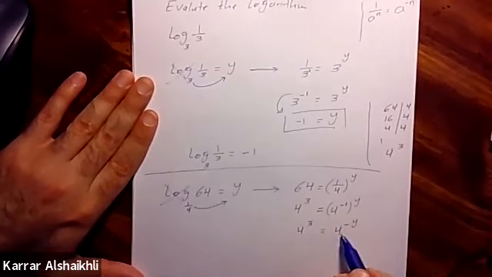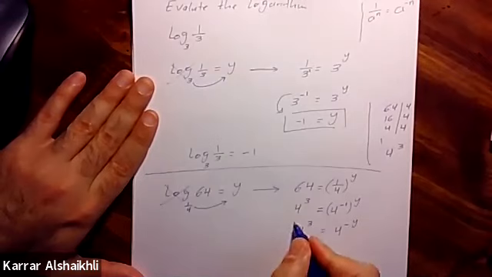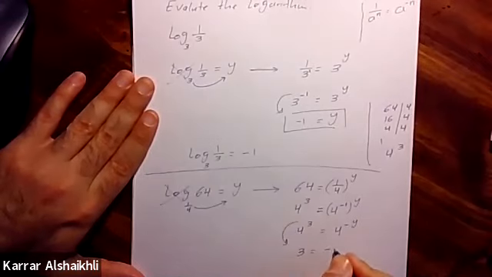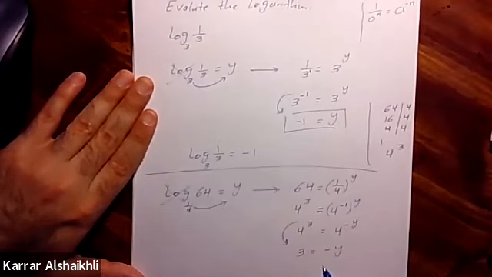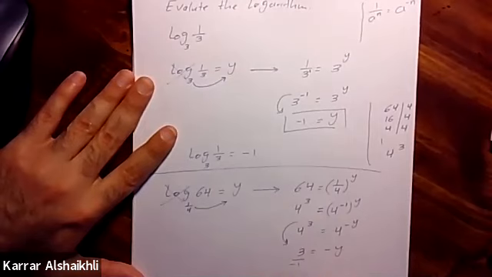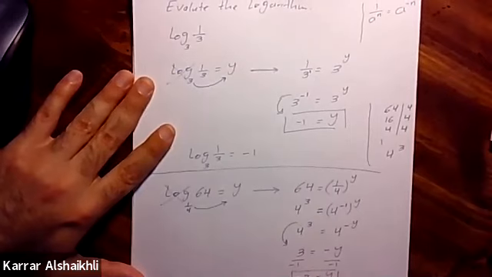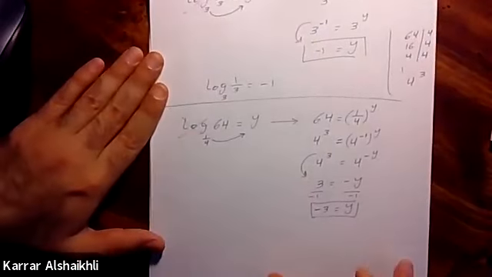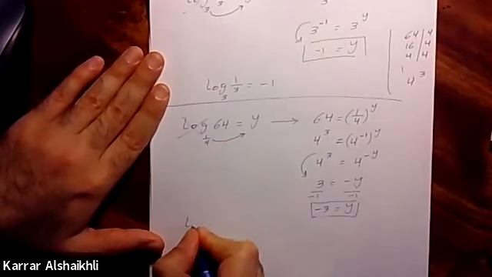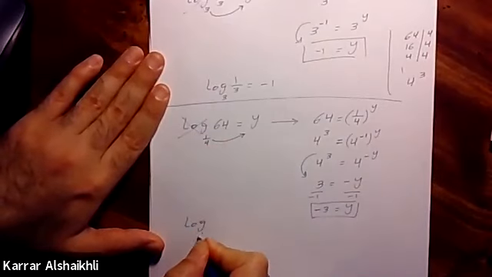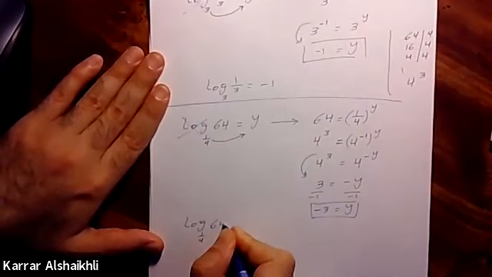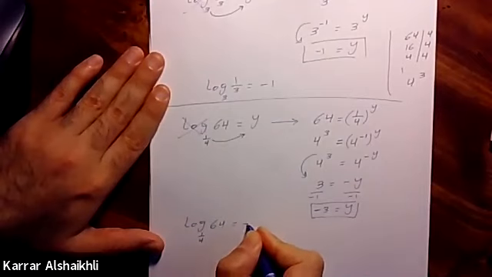Now I have equal bases. That means I have equal exponents. So it's going to be 3 equal -y. I need to find the y, not -y. So I'm going to divide both sides by -1. So y is going to be -3. That means log to the base 1/4 of 64 is going to be equal -3.